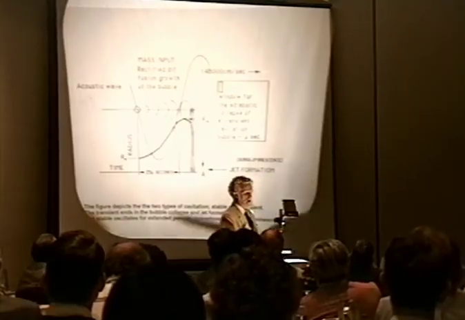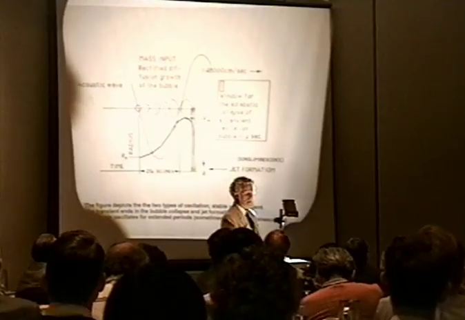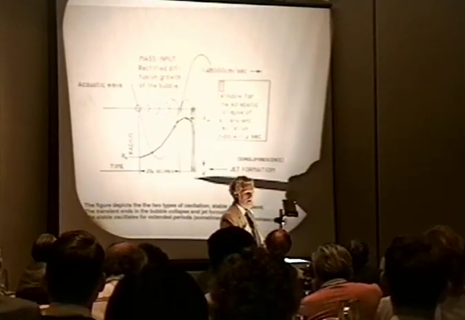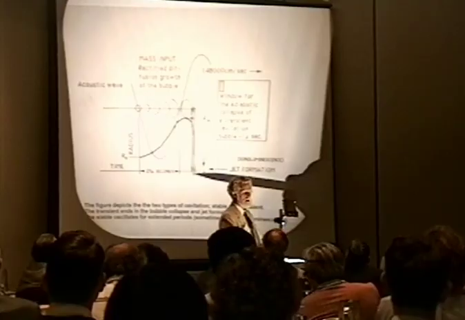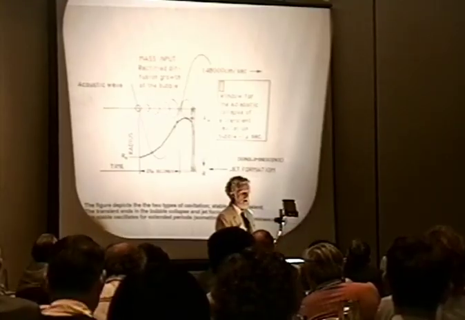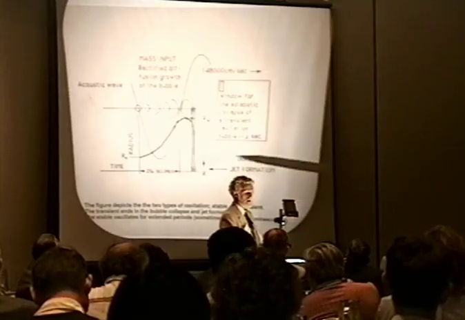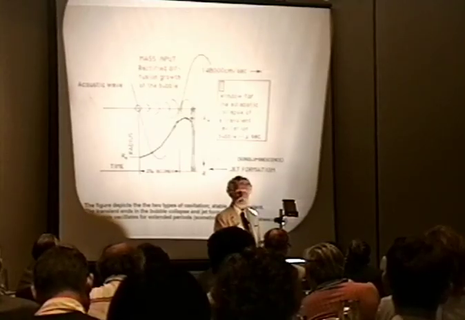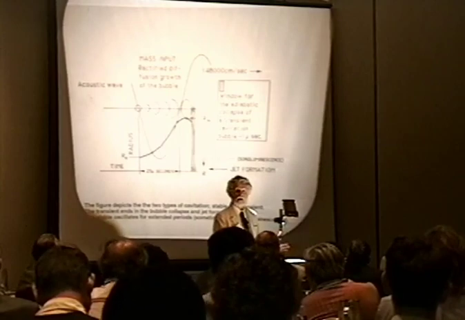I would just like to explain that this kind of destructive cavitation is called transient cavitation, and the sonoluminescence type of cavitation is called stable cavitation.